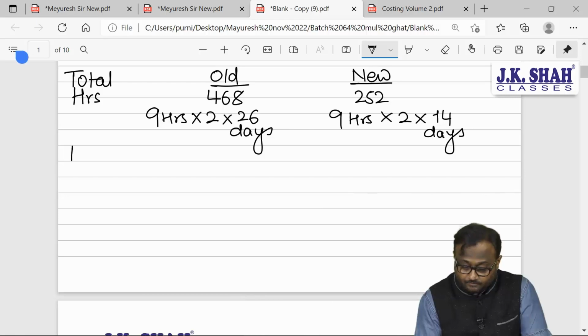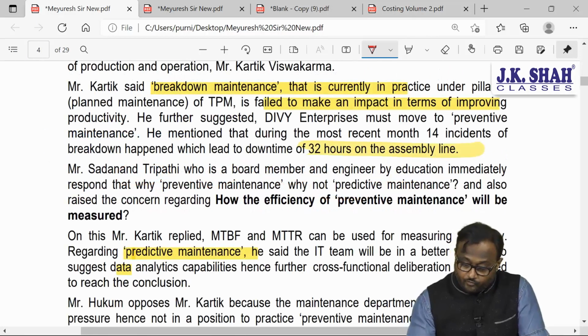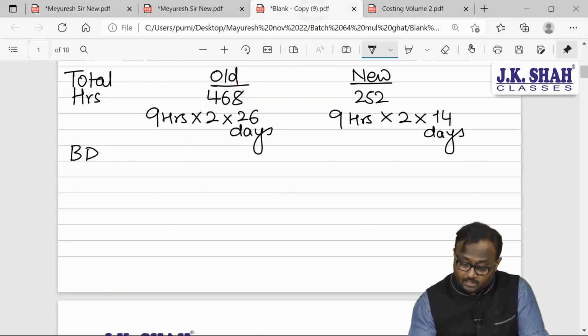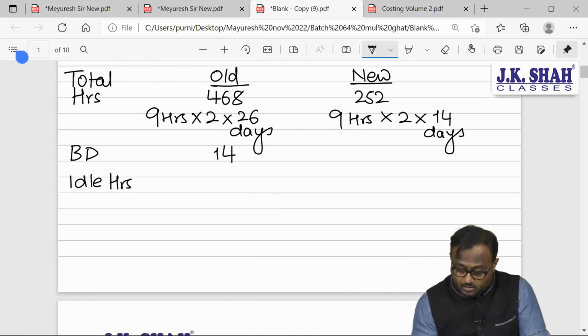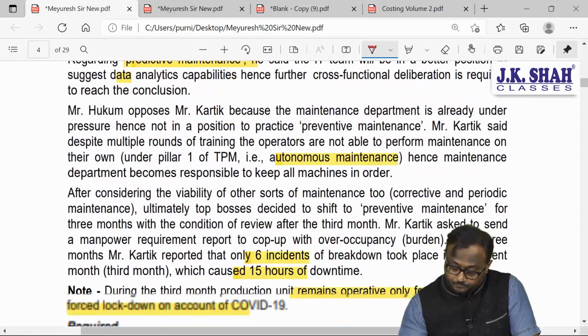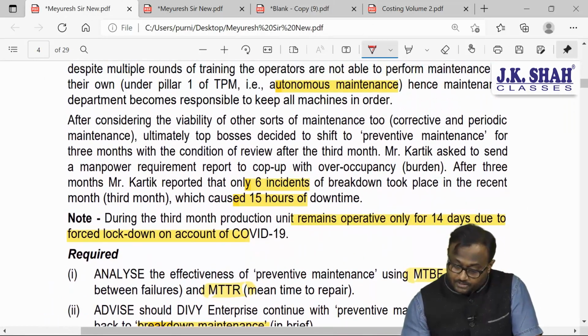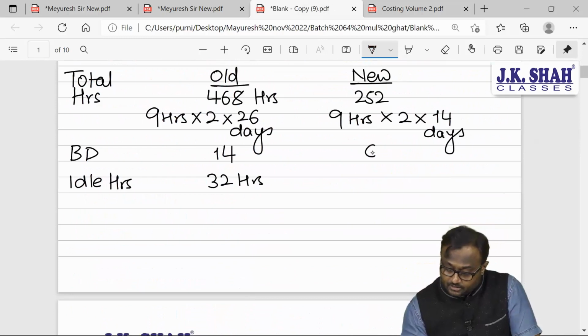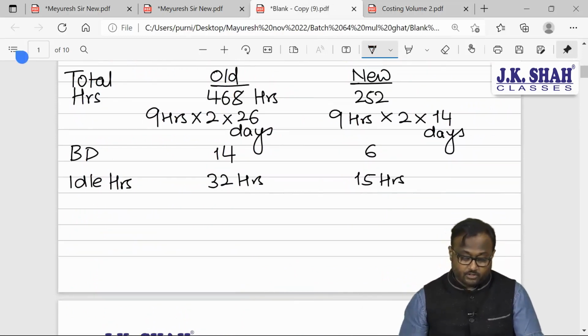Incidences of breakdown, 14 and 32 hours idle time. 14 idle hours, 32, which is dropped down to 6 instances and 15 hours.